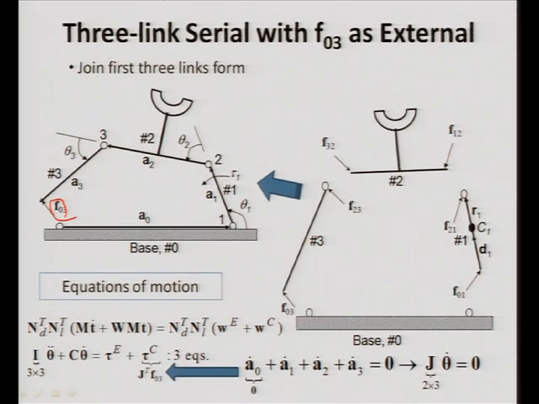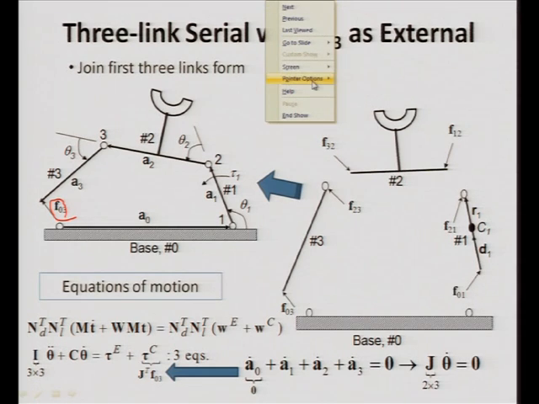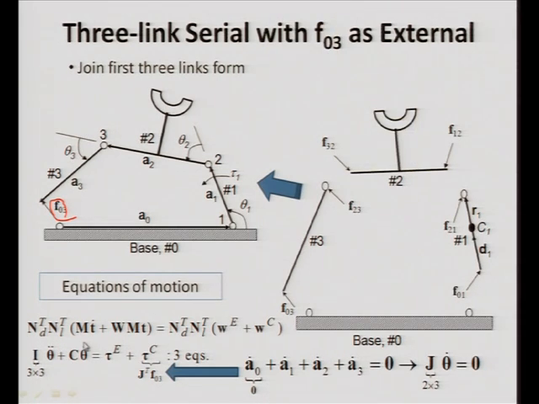So, let us go back to our serial system formulation. In the serial system formulation, I have told you that M t dot plus W M t is equal to W e plus W c. That means all the external forces and moments applied on it and all the constraint forces and moments acting on it. Okay. Constraint forces and moments in this case are these forces.